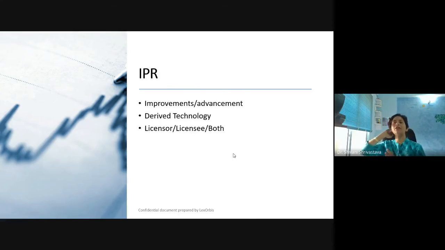Now, once the license agreement is signed, both the licensee and licensor may further work on the technology, maybe during the commercialization process or during further research. Then there is a question: who would own the IPR on the new technology or improvements or derived technology? Again, it would be decided by both the parties.